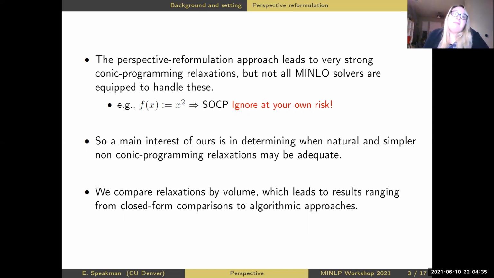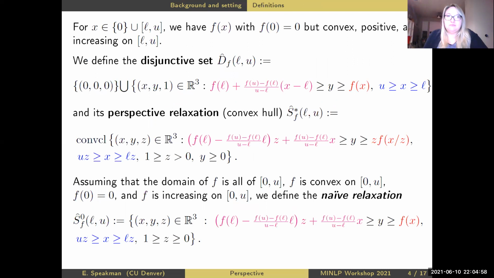So a main interest of ours is saying, well, there are relaxations that aren't conic, and when would these simpler relaxations be adequate? So if I compare these to the conic relaxations, can I get a sense of how much worse they are? And like I said, we're going to use volume to compare these relaxations.